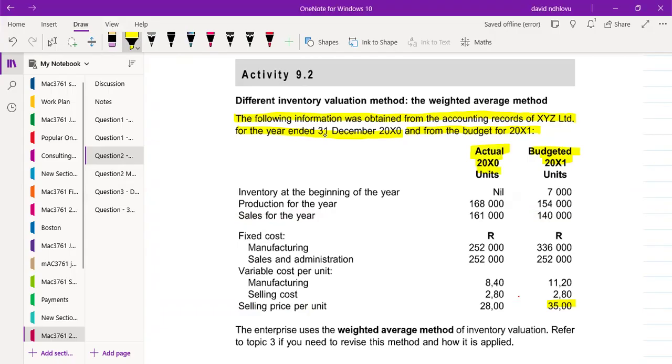Anyway, inventory at the beginning of the year is given as 7,000, which comes from the fact that we did not have any opening inventory in the prior year, but we produced 168 and only sold 161. What is remaining is 7,000 units.